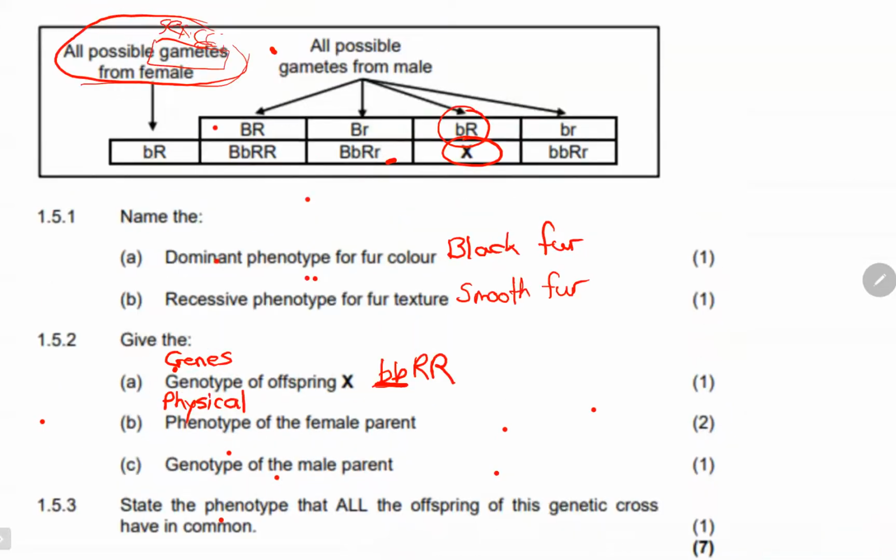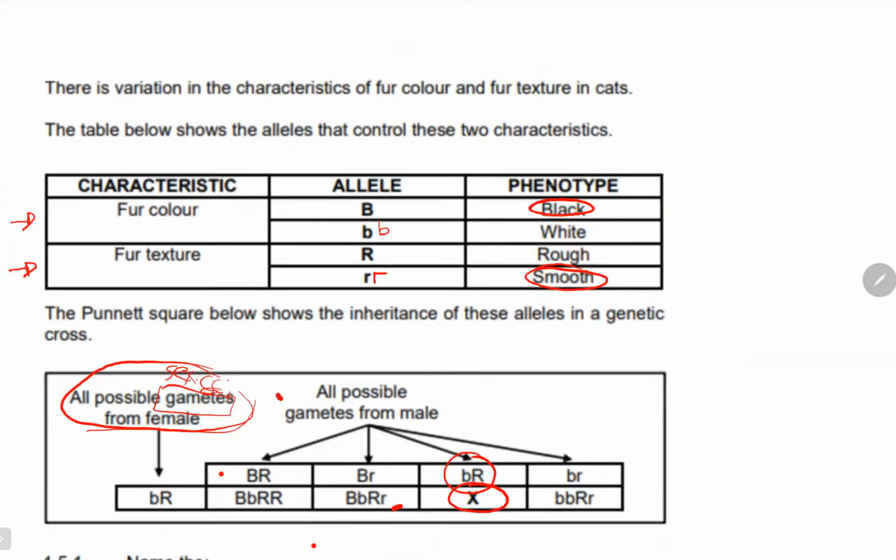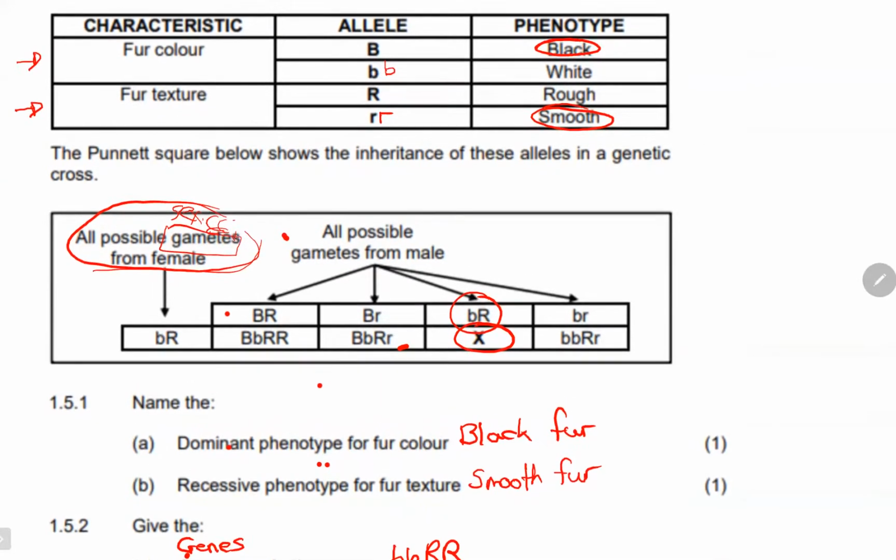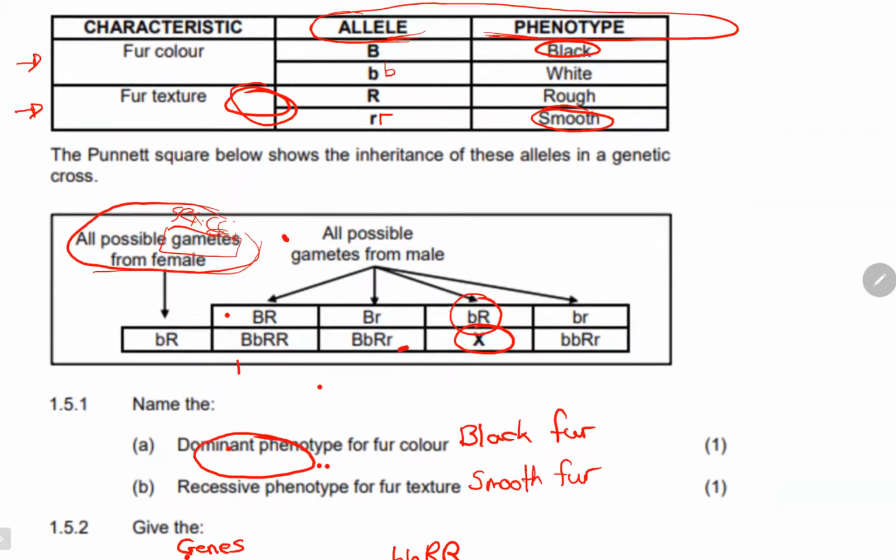Remember, big B, small b shows us the color. It has a big B, so it automatically has black fur color, and two big R's, meaning that it has rough fur texture. Big B, small b, big R, small r for the next rat means it's also showing black and it's also showing rough.